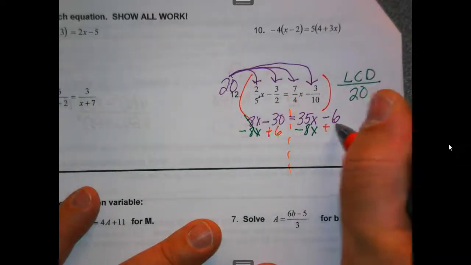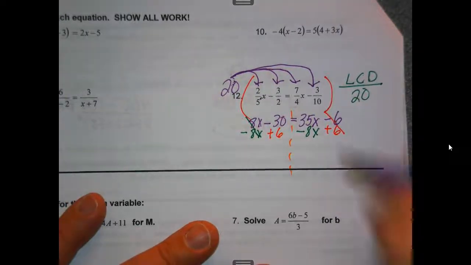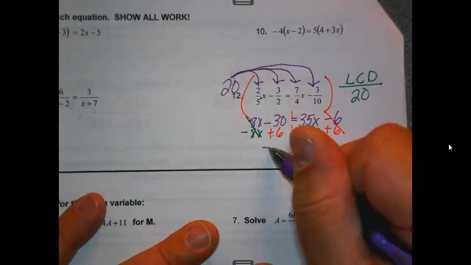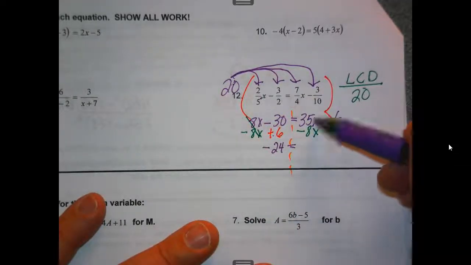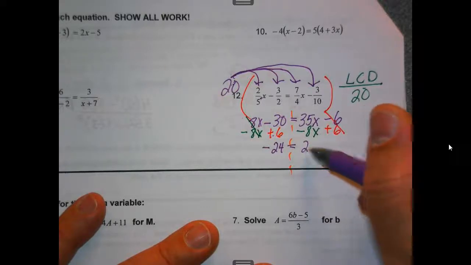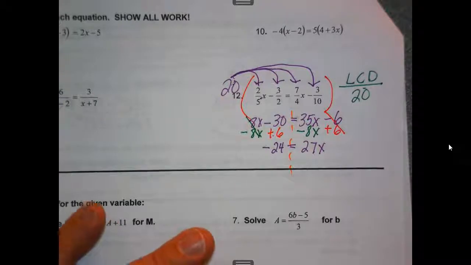So I'm going to add 6. That gets rid of it over here. So I have negative 30 plus 6 is negative 24. 35x minus 8x is 27x, and we get this really nasty number.